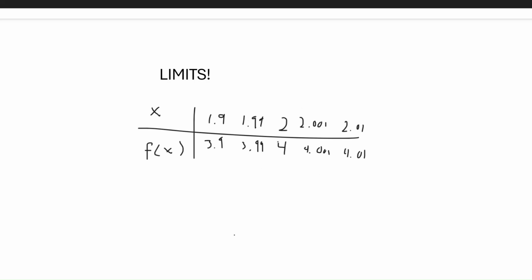They'll want you to try to use the chart to guess what the f of x value is as x approaches some number. And the reason they'll do this is because sometimes, as you've already seen, some graphs have certain undefined values, which are called asymptotes.